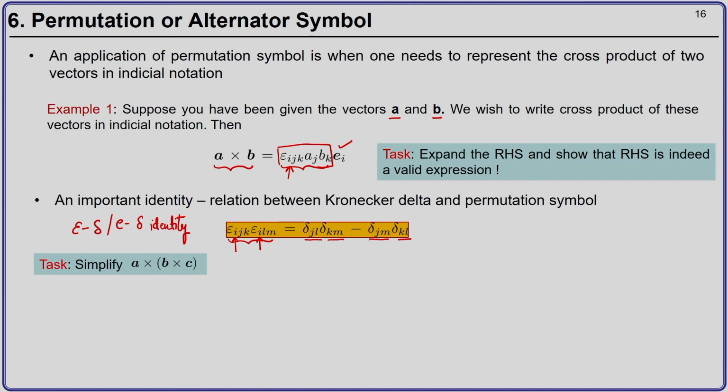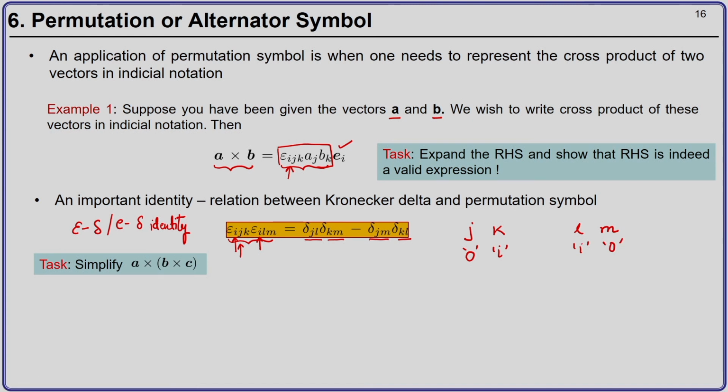The way to remember this identity, and this identity comes very handy, is this. We write j, k, and we write l, m. This we call outer, this is inner, this is inner, this is outer.